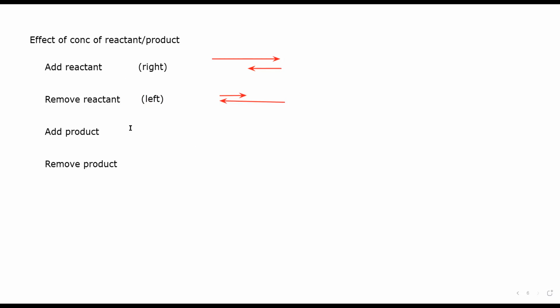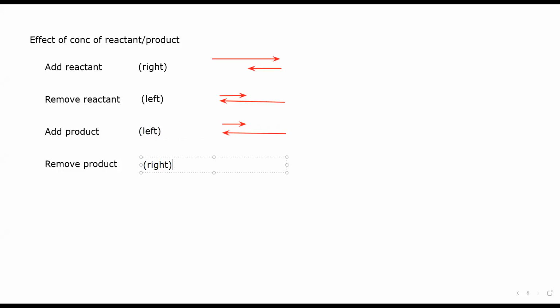So if we add a product, equilibrium will shift towards left hand side or backward. So how to represent a backward? The right hand side arrow should be shorter and the left hand side will be longer. And if we remove the product, the equilibrium will shift towards right hand side.